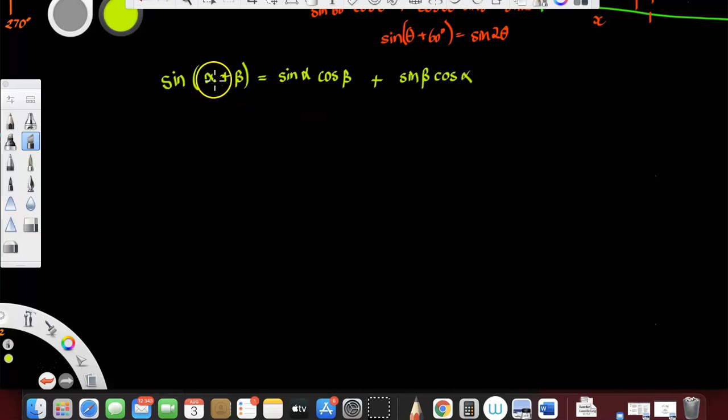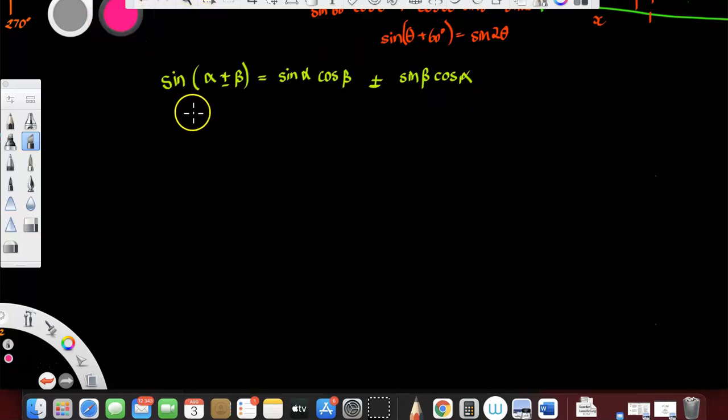Okay, so sine is same sign. If this is a plus, that's a plus. Different ratio, so it's sine cos, sine cos. And then the angles swap around. These angles can't be the same. You can't keep them the same there. And so if it's minus, it would be sine alpha cos beta minus sine beta cos alpha. So that is for sine.